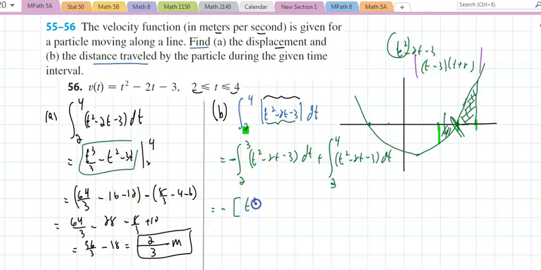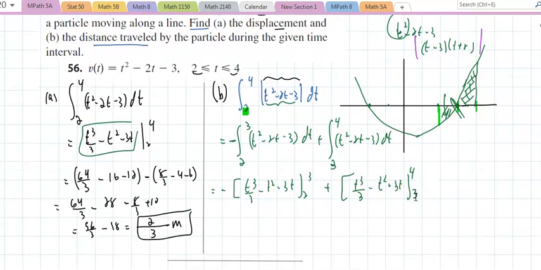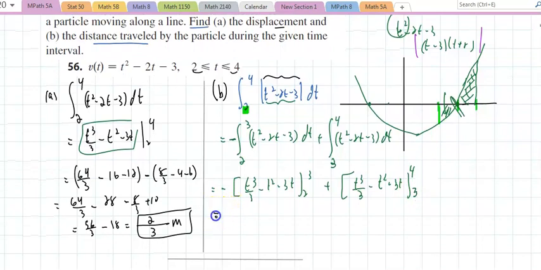That is t cubed over 3 minus t squared minus 3t evaluated from 2 to 3, plus the same deal again. That turns out to be negative 3. 27 over 3 is a 9.